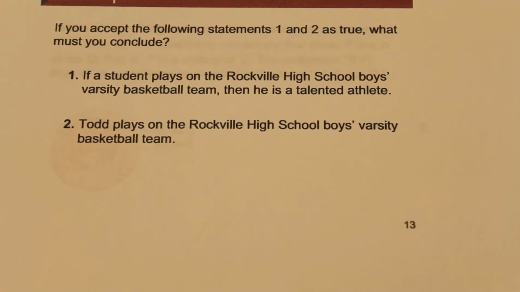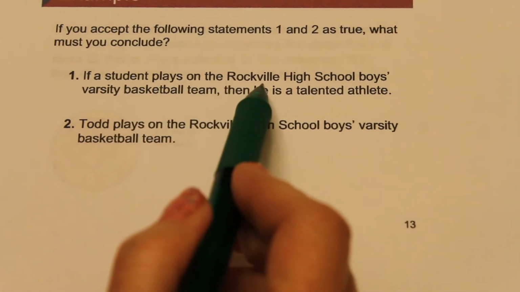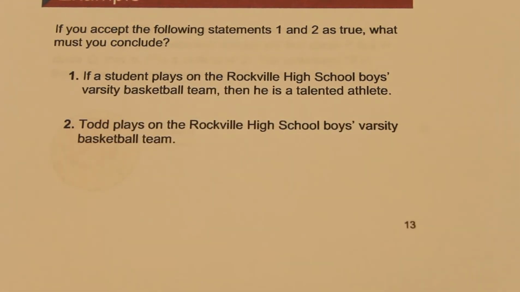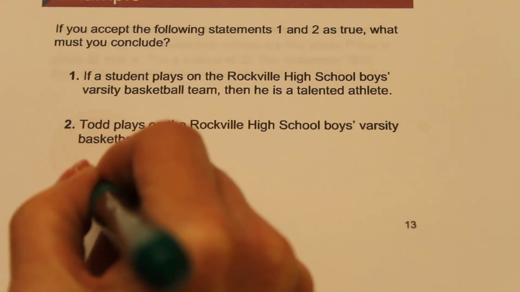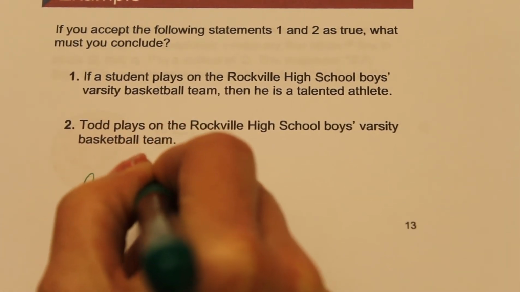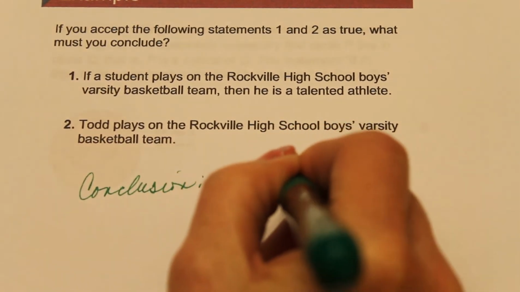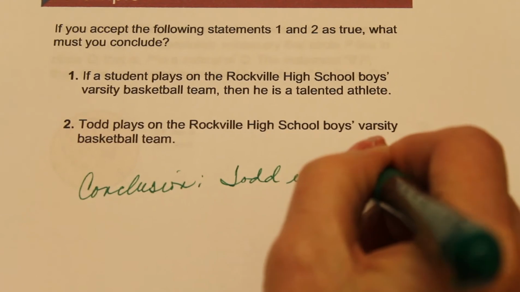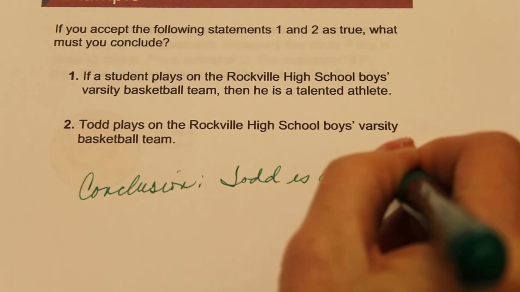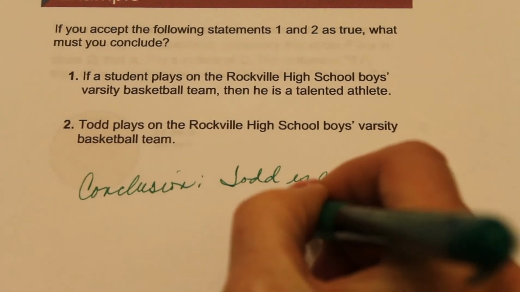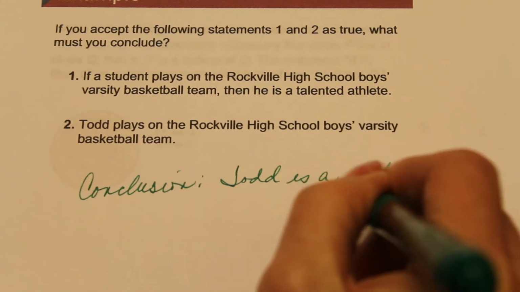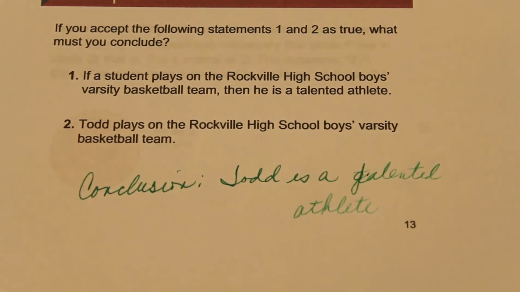What can we conclude? Well, if a student who plays on the basketball team is a talented athlete, and Todd plays on the basketball team, our conclusion is that Todd is a good athlete, a talented athlete. We can conclude that.